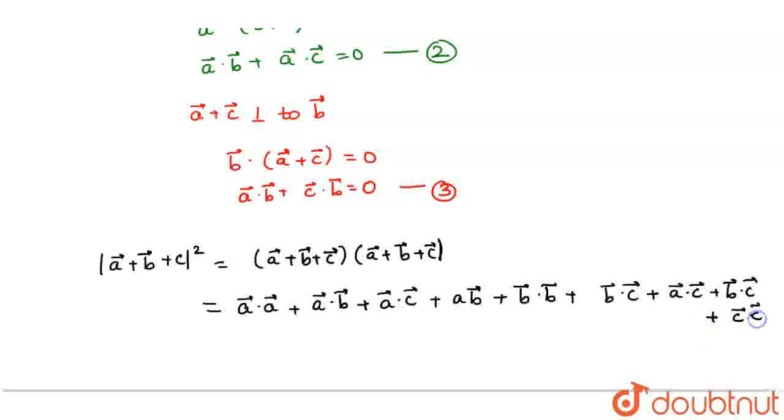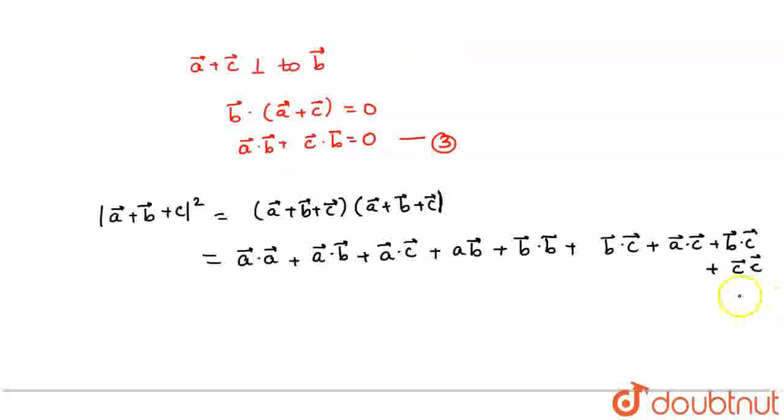C vector dot C vector. So if we look into this, this would be equal to 0, this would be equal to 0, this would be equal to 0, and this would be equal to 0 as well. Correct? Because it is given in the question that A dot B vector would be equal to minus B dot C vector, so this would get cancelled.